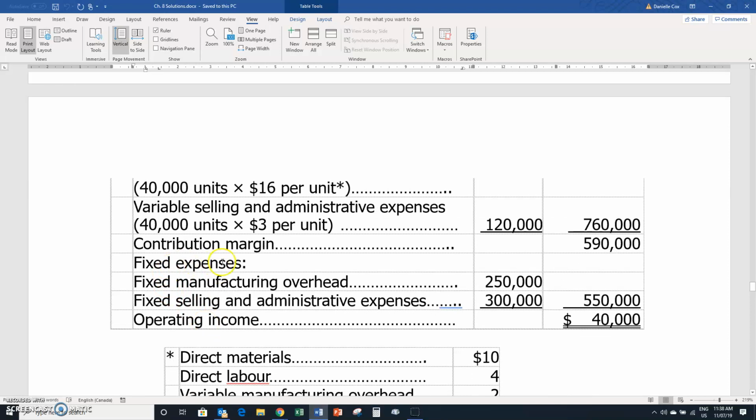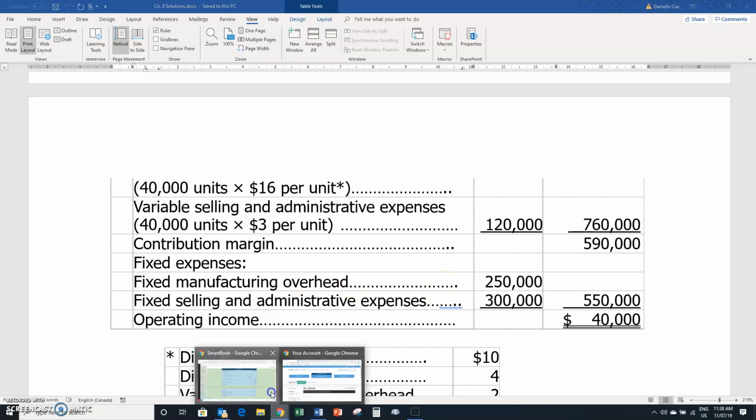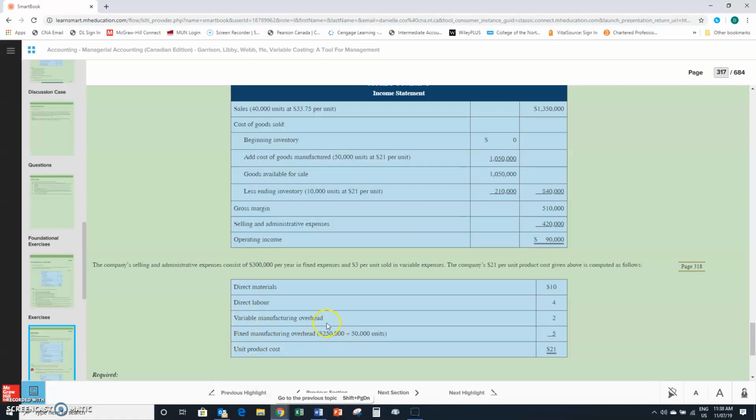Then we subtract fixed expenses. So under the variable costing method, all of our fixed expenses get deducted down here. Fixed manufacturing overhead of $250,000, and we get that $250,000 right here. Because under the absorption costing method, the full fixed manufacturing overhead gets broken out to each unit, but here we don't. We subtract it all down below.